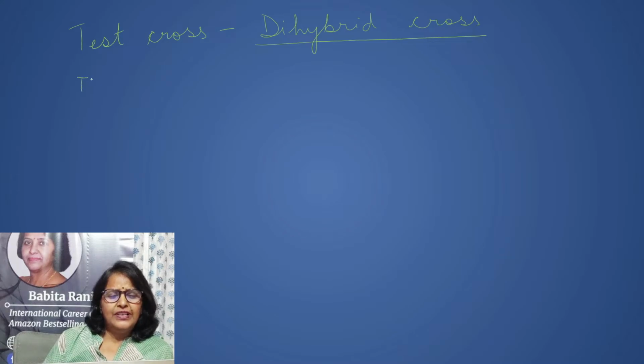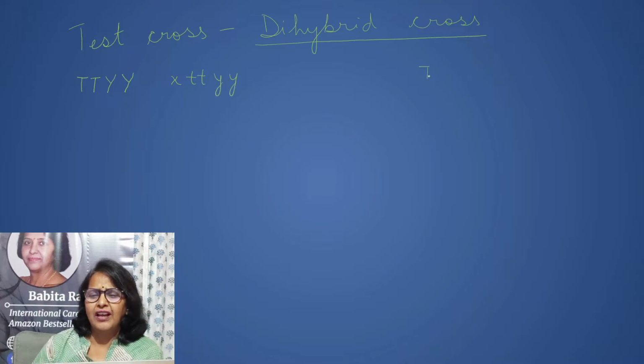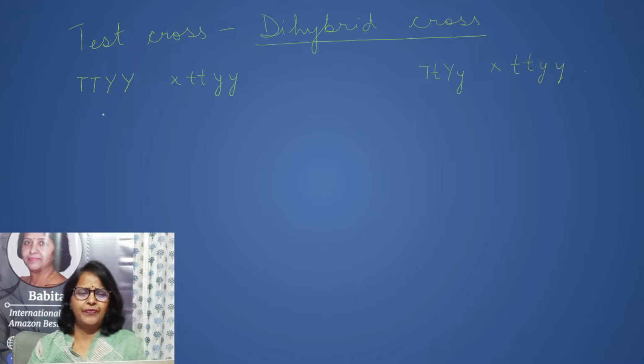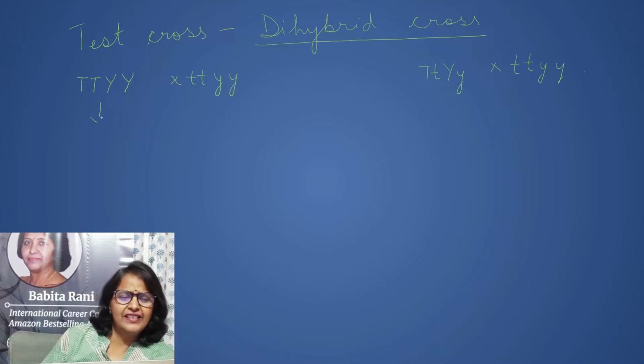So it can be capital T, capital T, capital Y, capital Y into small t, small t, small y, small y. And the second can be capital T, small t, capital Y, small y into small t, small t, small y, small y. How many types of gamete will be produced in this case?